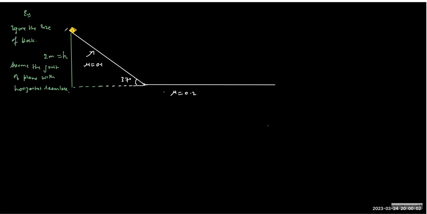Okay, so now if I call this A, this B, and eventually the block, let's say, comes to rest at C after traveling this distance X. The question is: find X. So can we find X? Yes, sir. So try to do this. Solve it using the work energy theorem. That's easy.